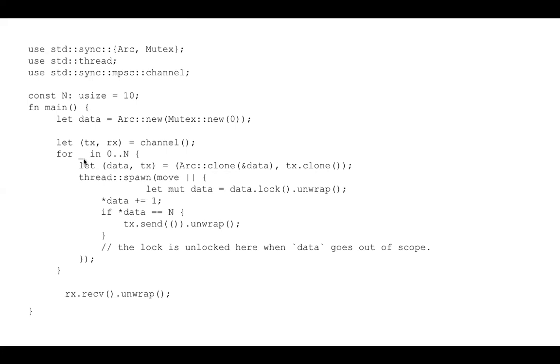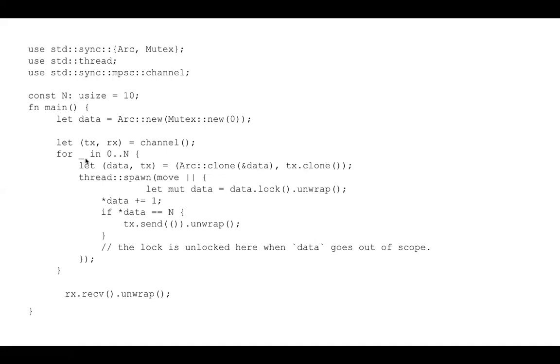Rust allows you to do that in case you do not want to use this value inside the loop. It's just for an iteration. For i in 0 to n, but you don't have any usage of i in here, so you don't need to even define i, so that Rust does not complain about a variable not being used.